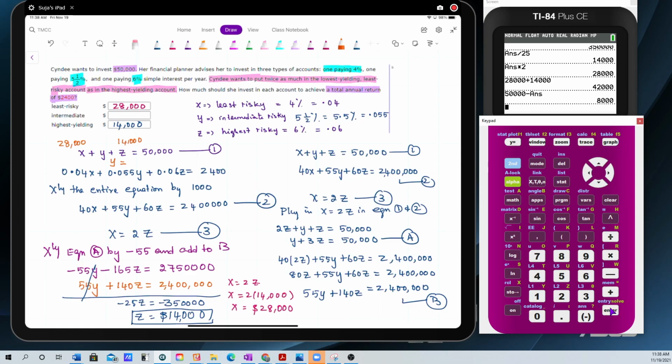So 8,000 will be the Y value. Okay. So I have my Z value, then I'm using back substitution to find X by plugging it into equation 3, and then I'm going back to equation 1, plugging in the X value and the Z value. I'm getting the Y value as 8,000.